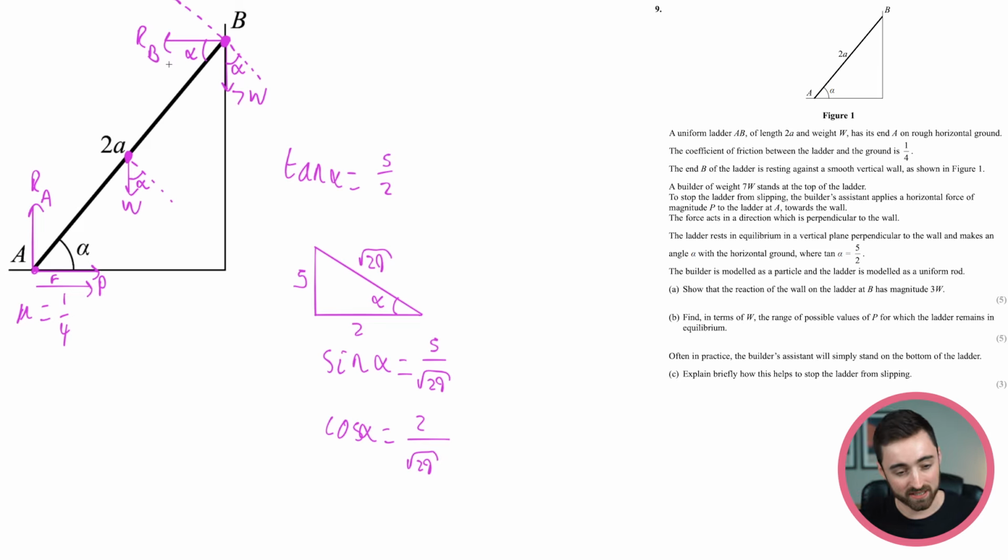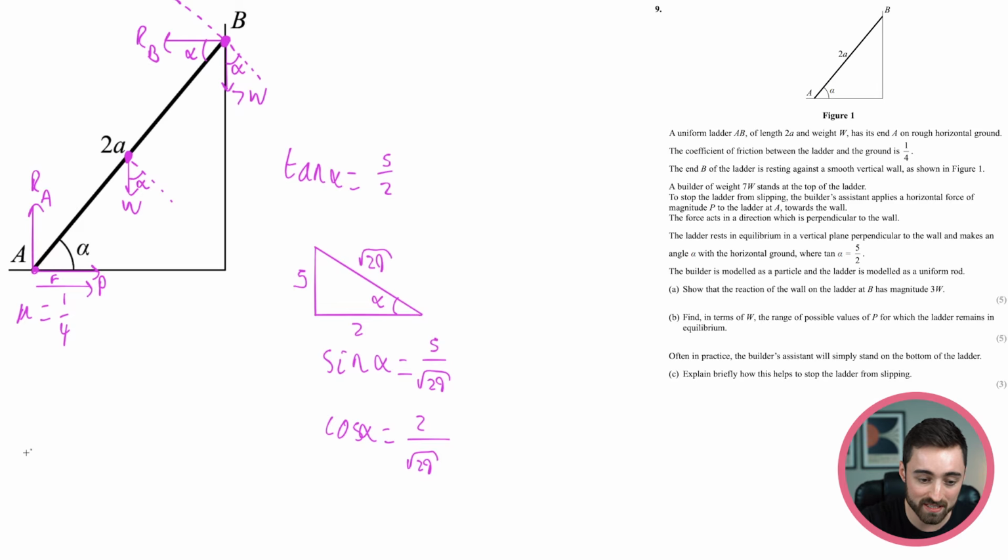But if I was to take moments, moments are cool because if I take them about a specific point, they just get rid of the variables at that point. For example, if I took moments at A, then I wouldn't have to include RA, P, or F in my equation because moment is force times distance, but the distance of these forces from A is 0. So I'd do the force multiplied by 0, gets rid of it.